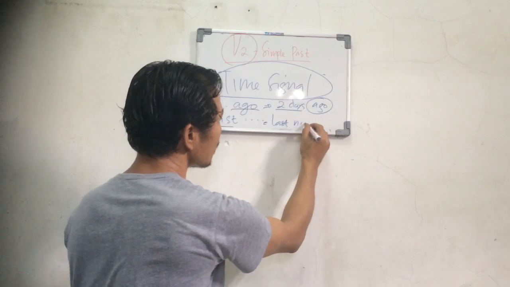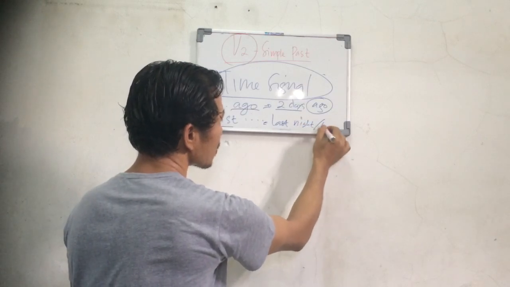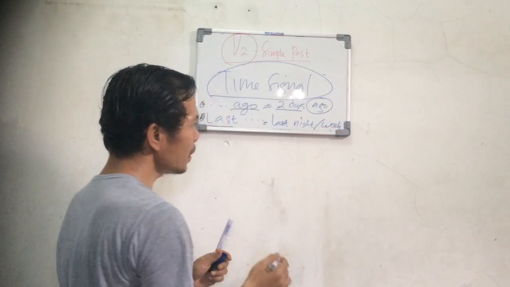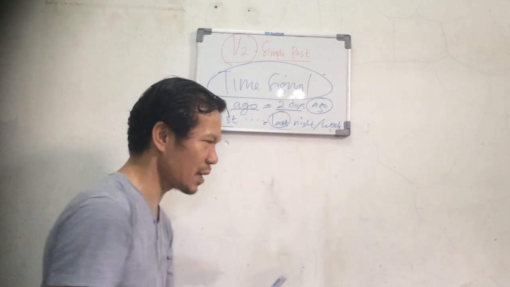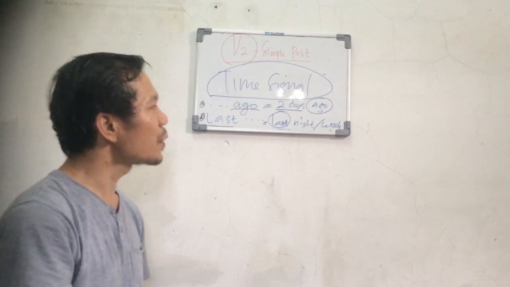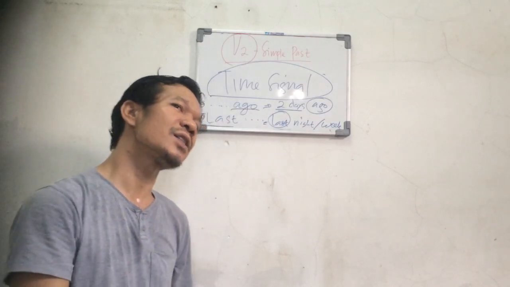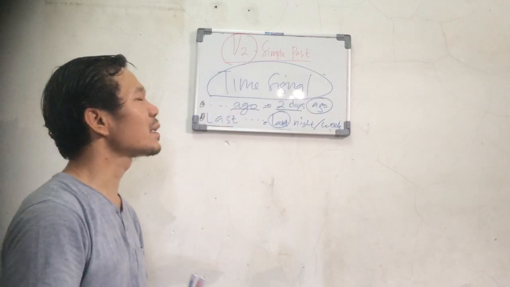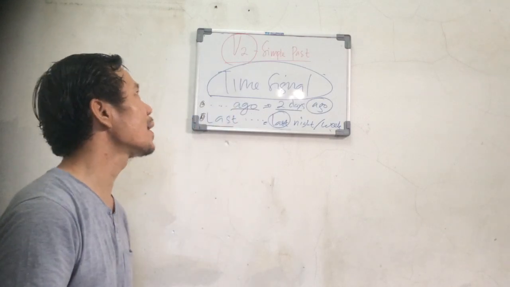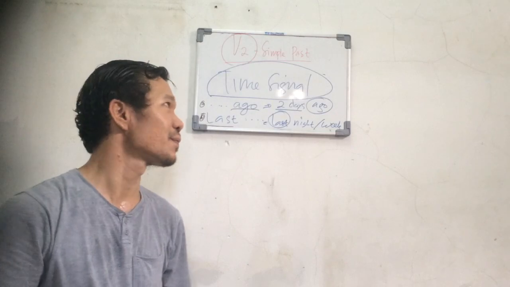I mean last night, last week, last year, last Tuesday. Okay, so these are the time signals commonly used in simple past tense.